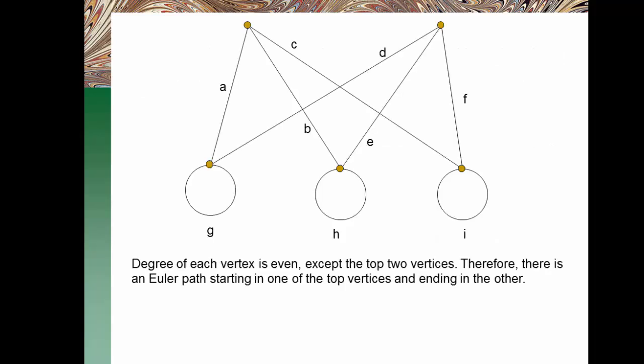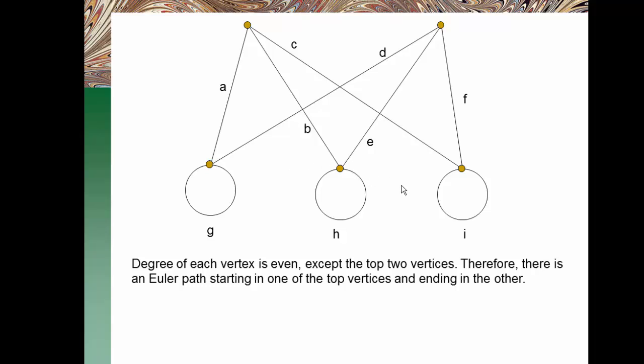Now let's take a look at this example. We are going to use the Euler circuit algorithm in order to find an Euler path. The idea here is to make all the vertices even degree. Now, if this graph has an Euler path, all the vertices have even degrees except for two. And we can see that this one has degree 3, that one has degree 3.